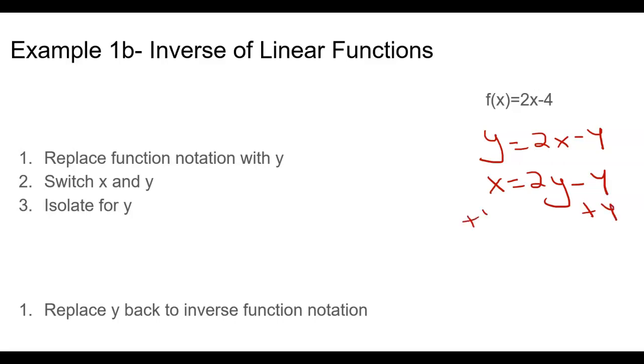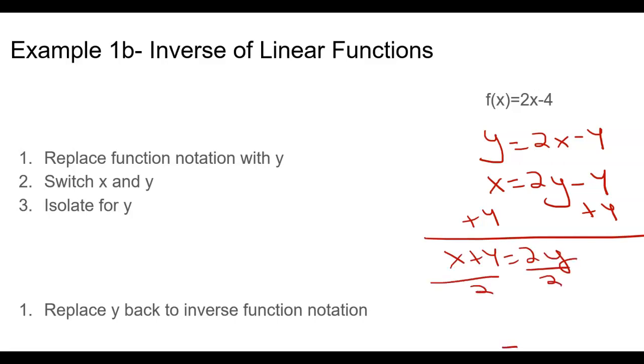So my goal is to get y by itself. So I end up with x plus, let me write that. I originally had an f, so I need to write my inverse notation. My answer is x plus 4 over 2.